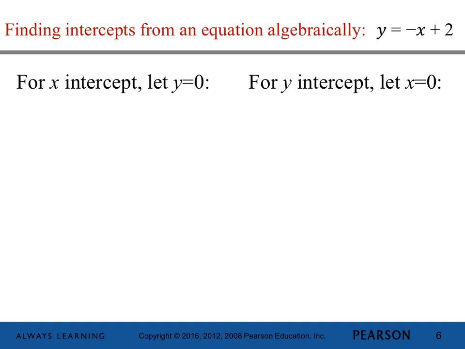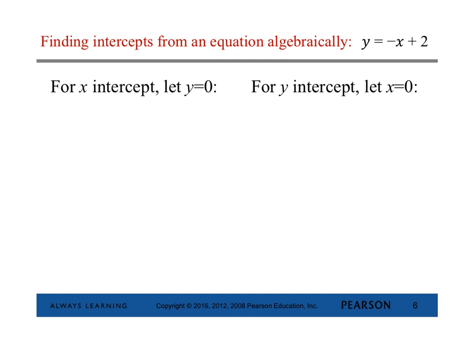To find intercepts from an equation algebraically, we have the equation y equals negative x plus 2. For the x-intercept, we'll let y equal 0.